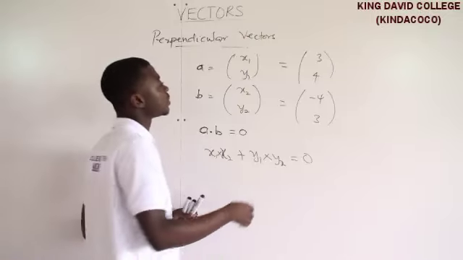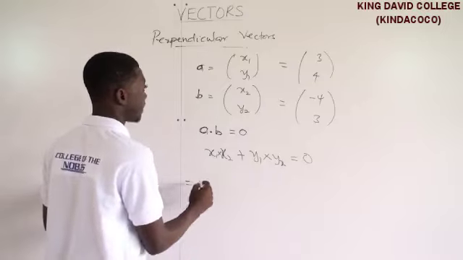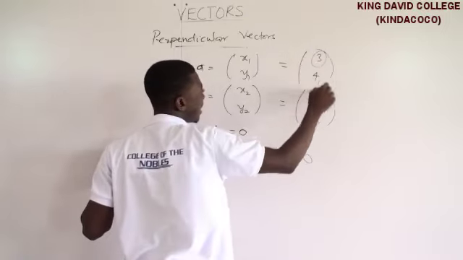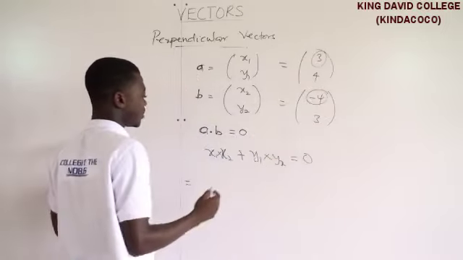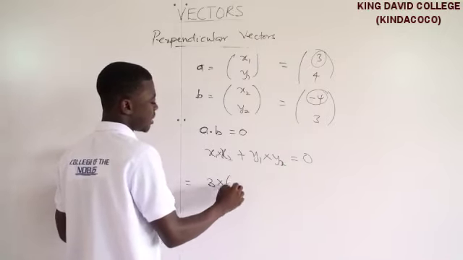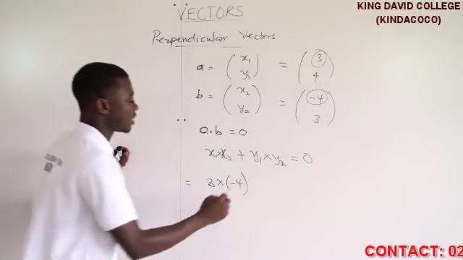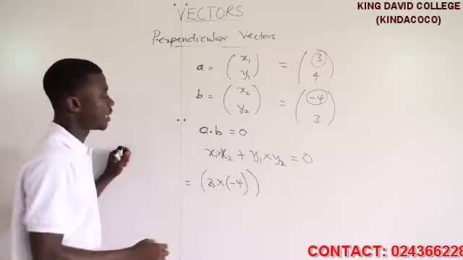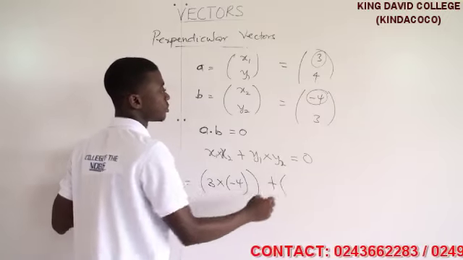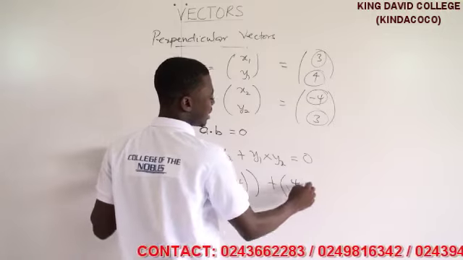Then we use their dot product. This is the x and then x, so x1, x2. So this will be 3 times -4, that's the first bracket. Then plus the y against the y, so 4 times 3.